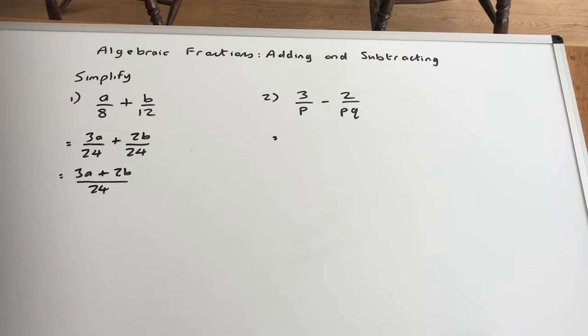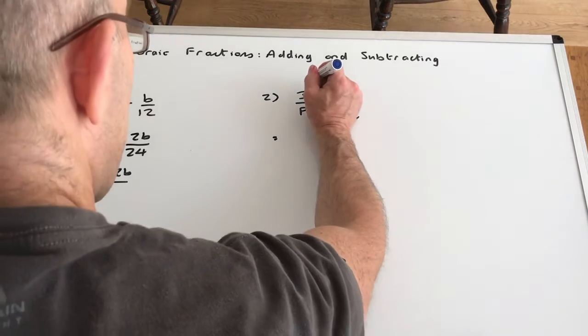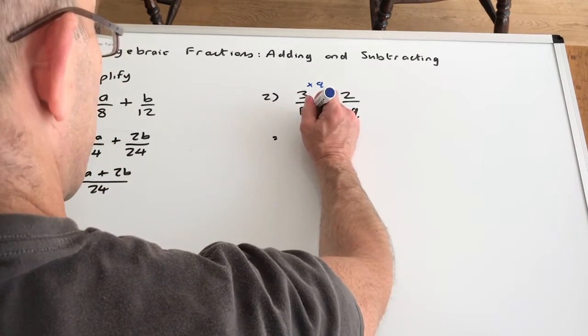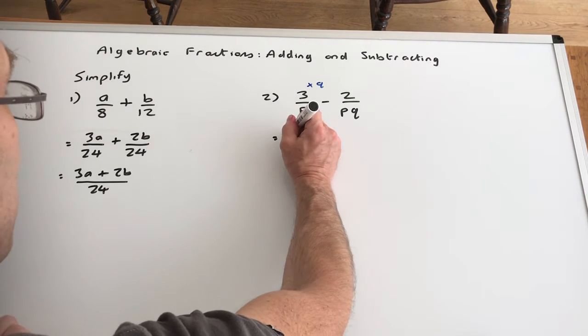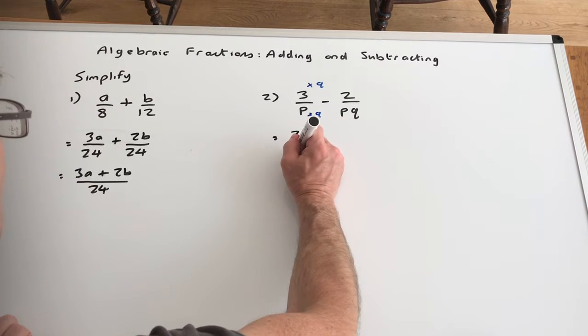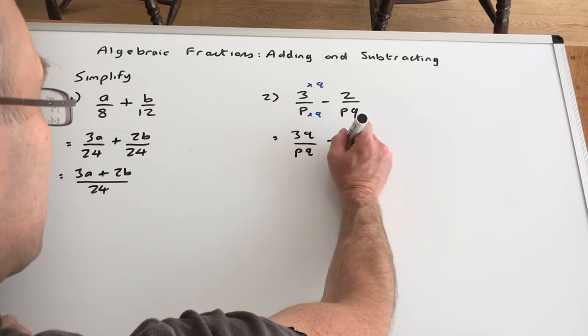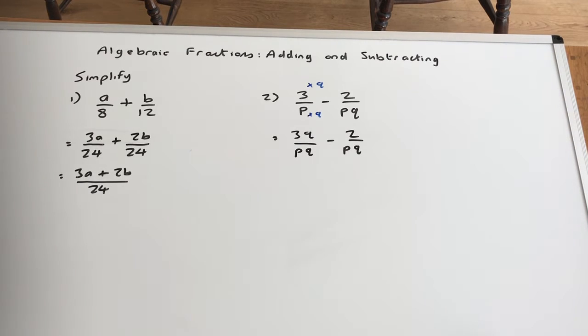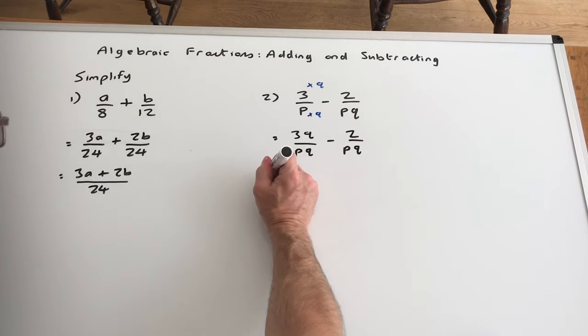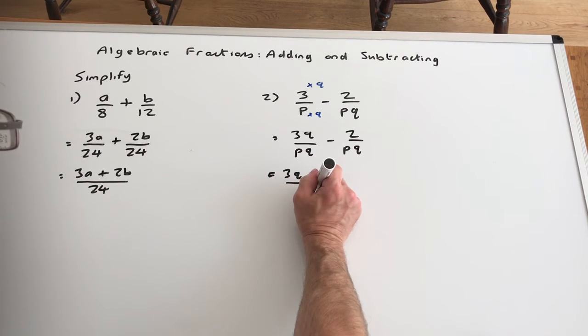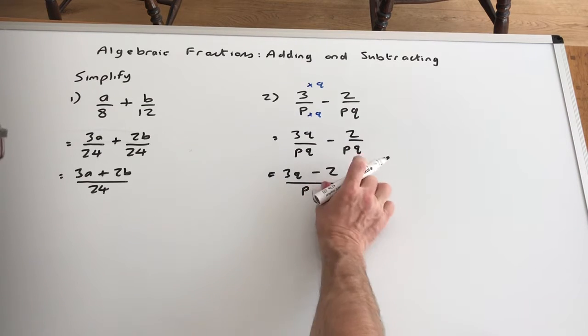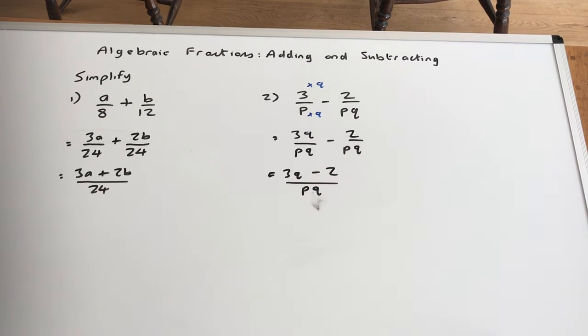But you can see, if I just multiply the top here by just q and the bottom by just q, I can turn both fractions into fractions with pq in the bottom much more quickly. So that's going to give me a final answer of 3q minus 2 divided by p times q. And there's nothing more I can do to that. That's as simple as it can be.